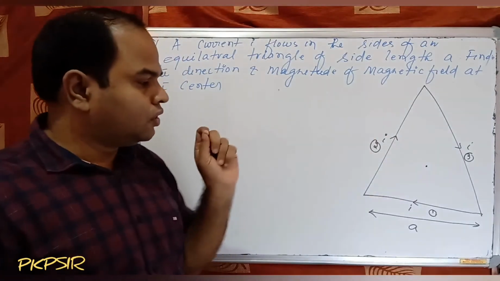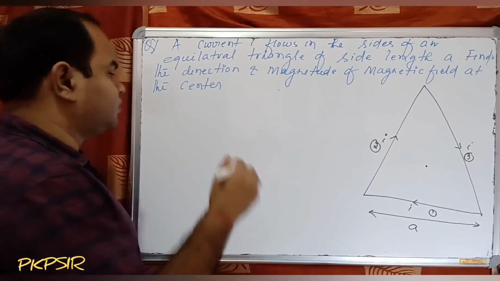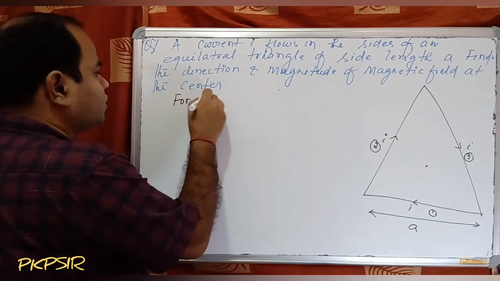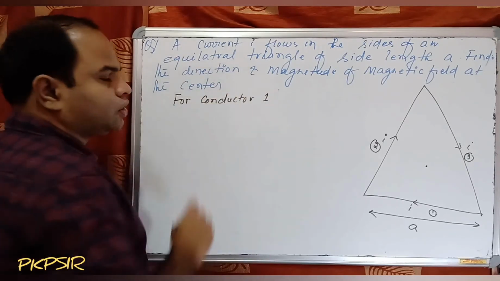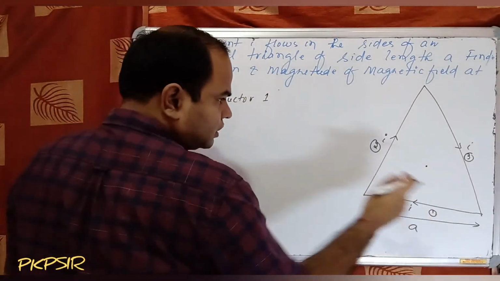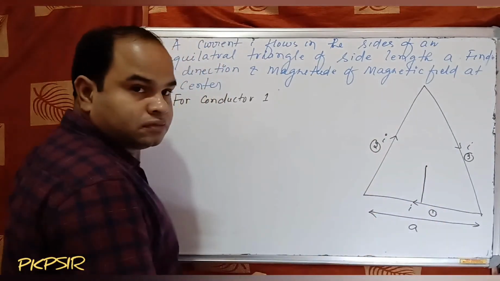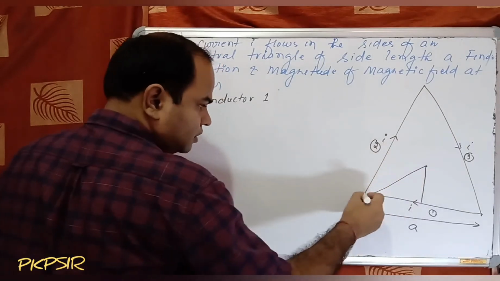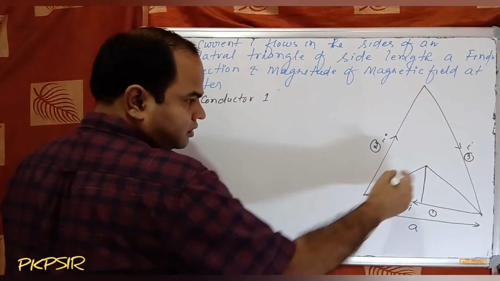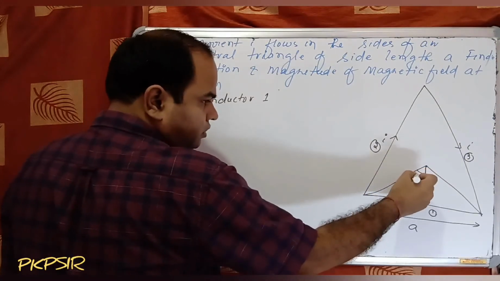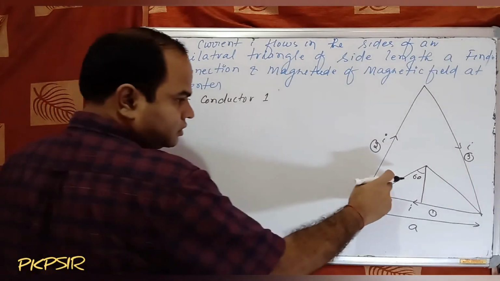So for the first conductor, let us find the magnetic field for conductor 1. For the first conductor, we need the perpendicular distance from the center to the side, so what angle do we make?